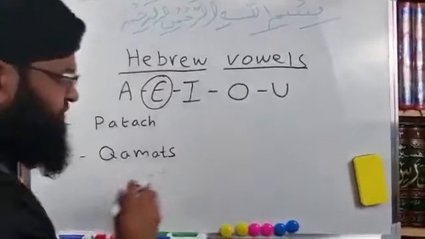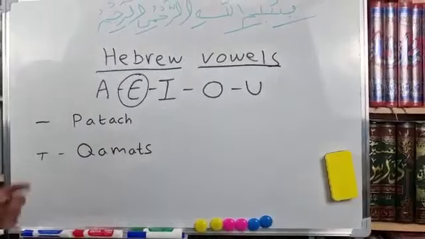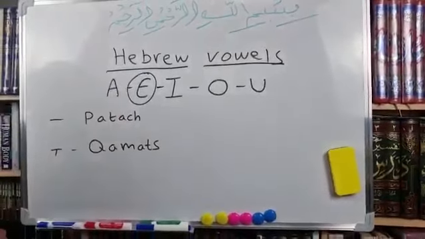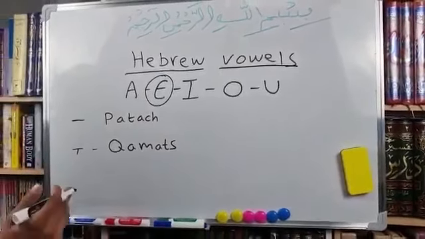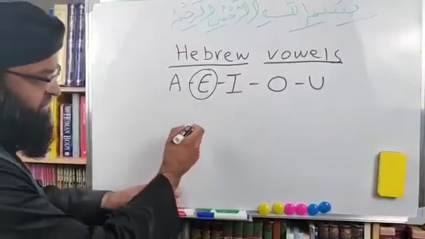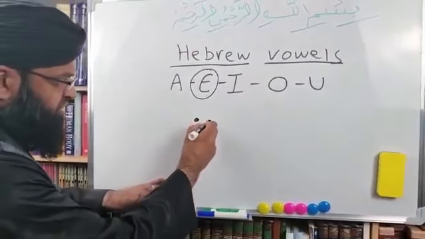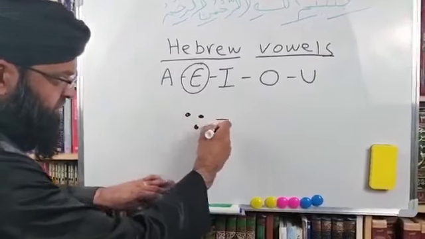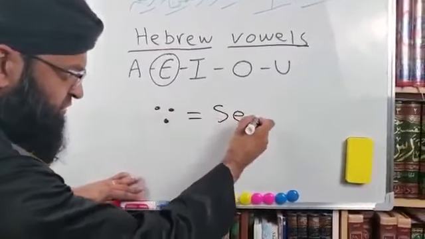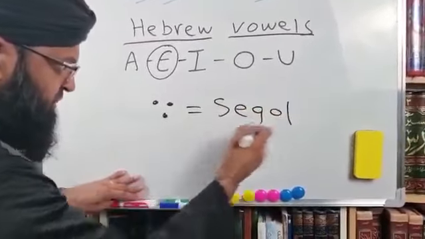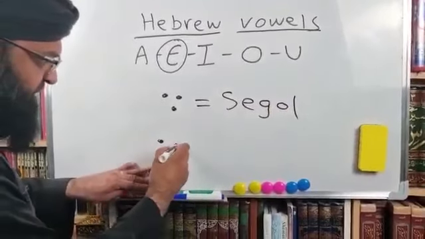Now, the two nikud symbols which go with the e sound, the eh sound, are the nikud symbol sigol and the nikud symbol zeri.